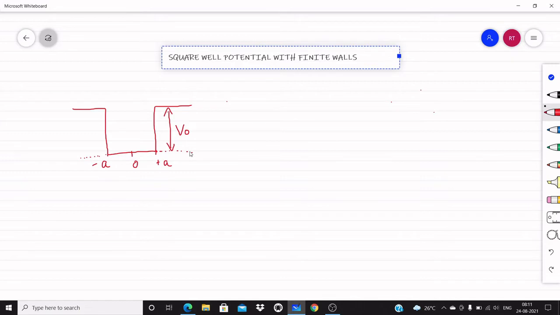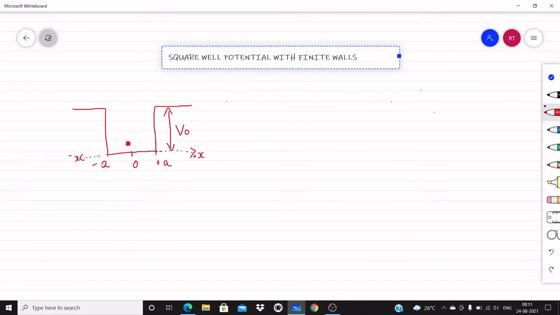So this is the positive x-axis and this is the negative x-axis. So this is the situation. Now we have to consider a particle in this box.